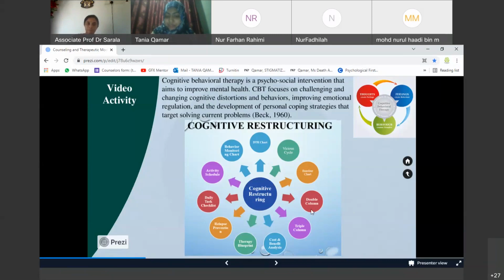These are also basic CBT techniques we use under cognitive restructuring. In triple column, we draw three columns. In the first column, we ask the patient to write his bad event, and in the third column his negative automatic thoughts. We can't fill the second column in the same session.